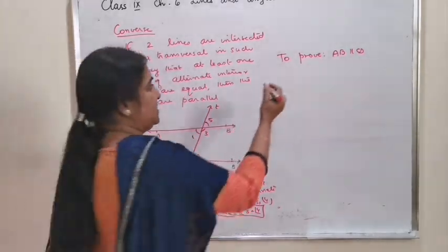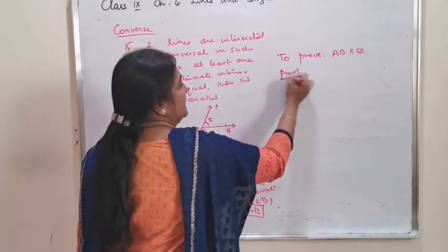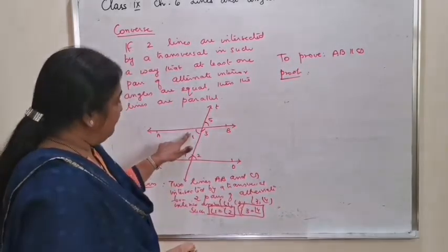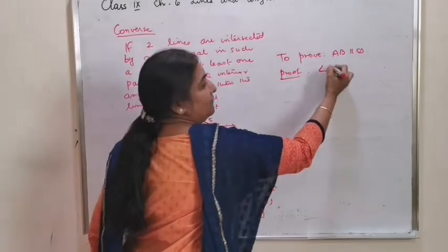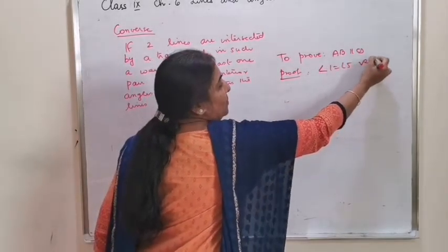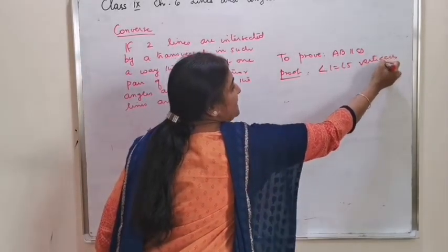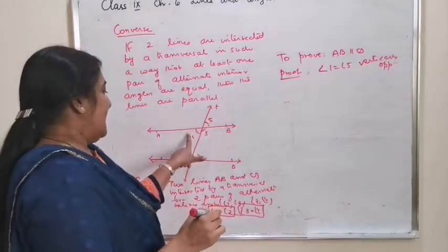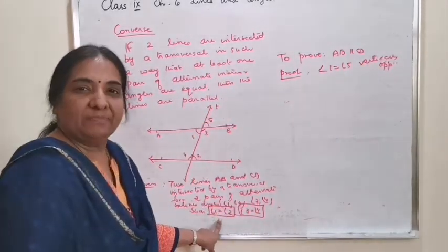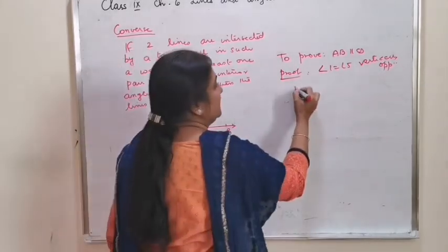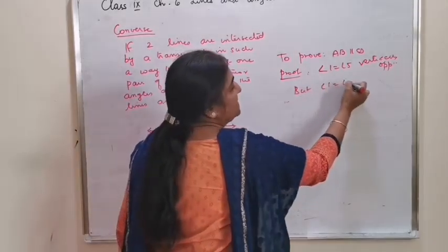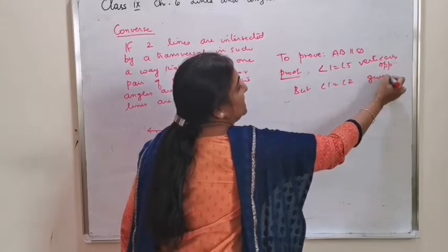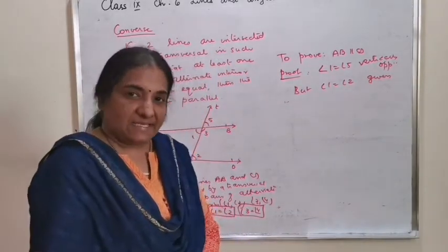The same procedure, the proof starts as angle 1 is equal to angle 5, vertically opposite angles. But angle 1 is equal to angle 2, it is already given as equal.